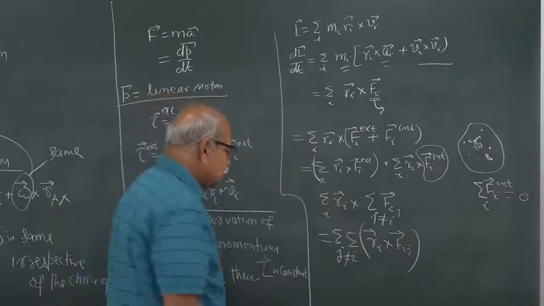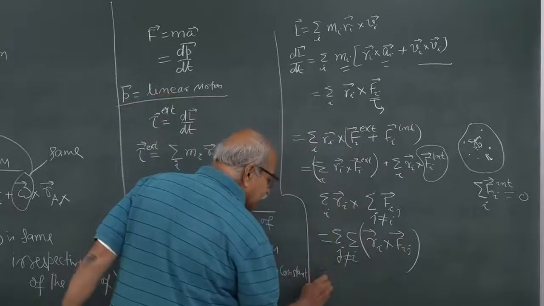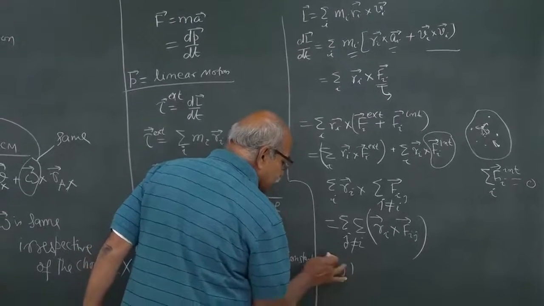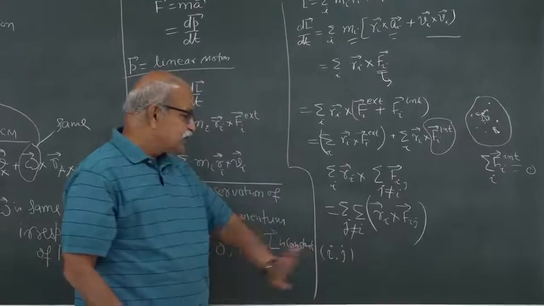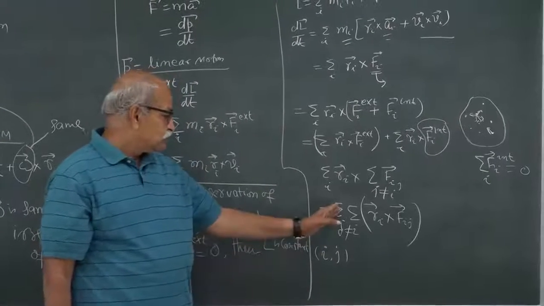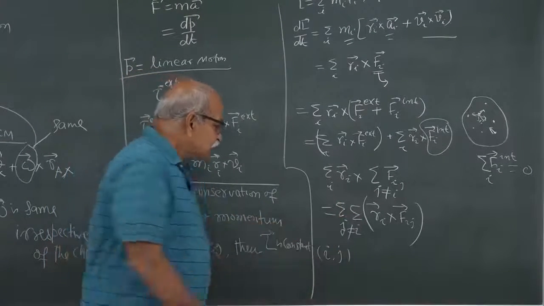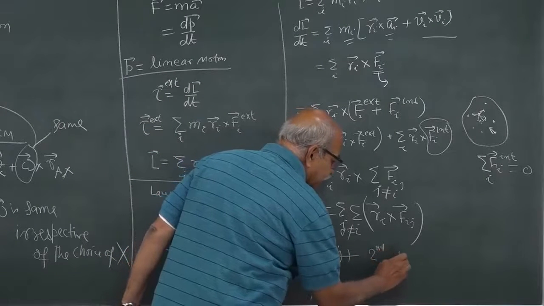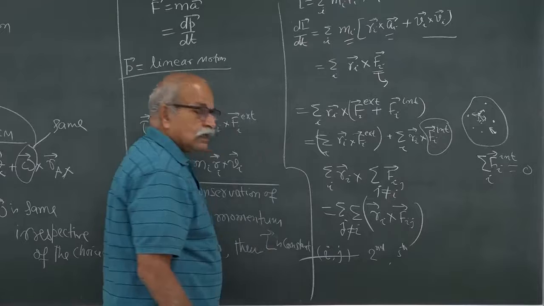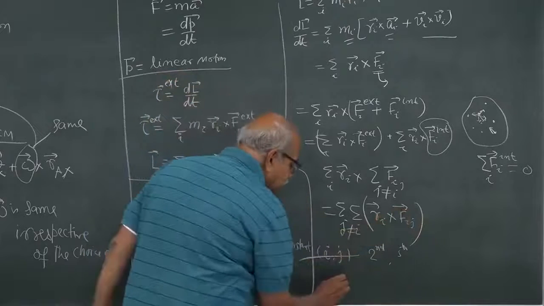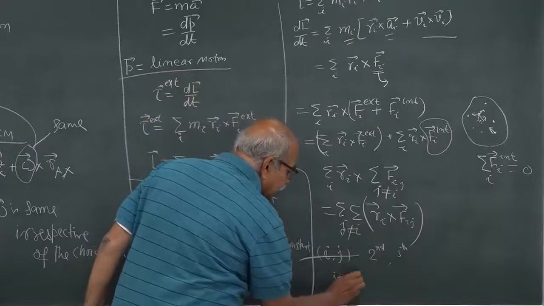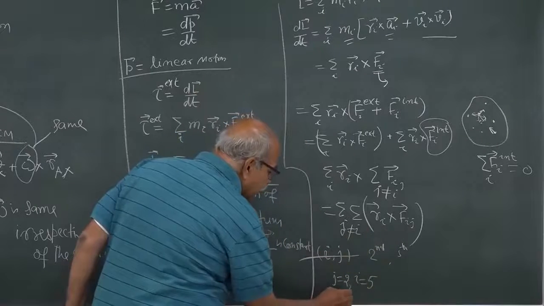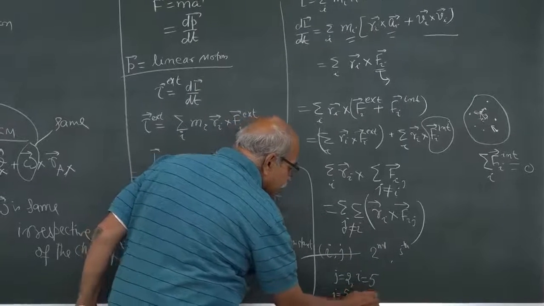Now, consider one particular pair, the ith particle and the jth particle. Let's be more specific. Suppose I am talking of the second particle and the fifth particle. Somewhere in this whole sum I will get j equal to 2 and i equal to 5, and somewhere I will get j equal to 5 and i equal to 2.